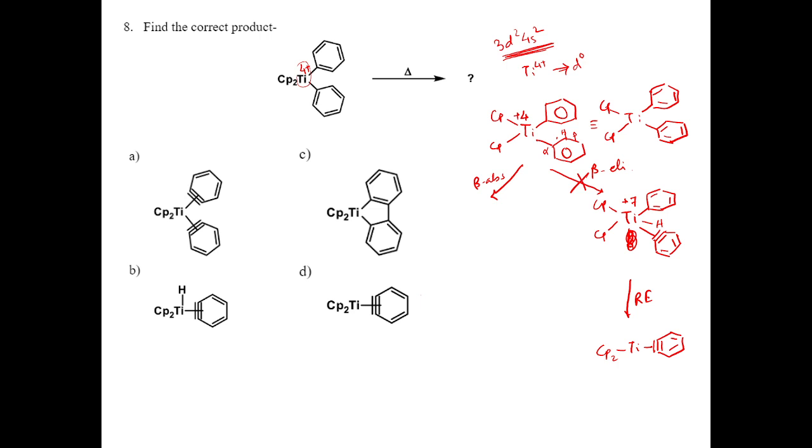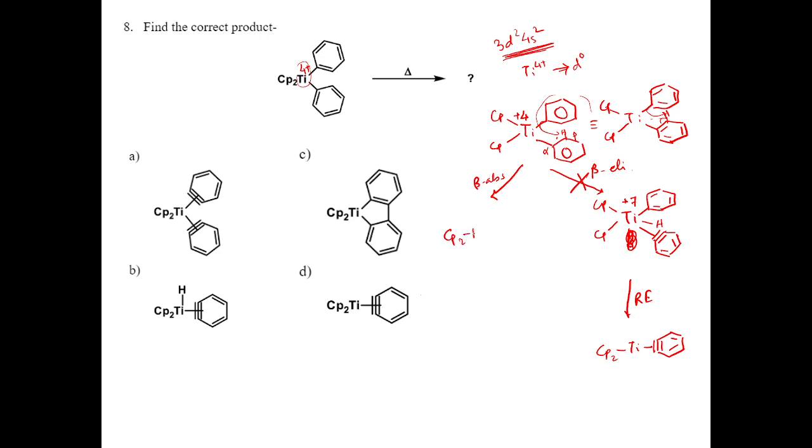Rather, what it will do is beta abstraction. Beta abstraction means this ligand will act as a base. So this will attack here, and this will go there, and there will be formation of that bond. Eventually what will happen?